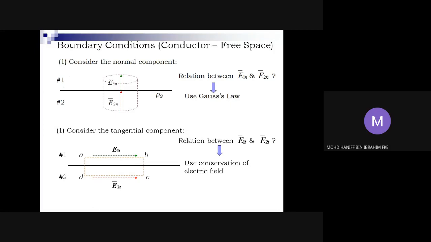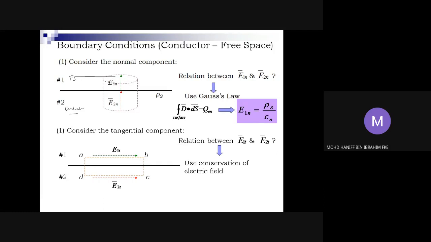Just to recall, this is a free space environment. This is your conductor medium, conductor material, and rho s is the surface charge density on the surface of your conductor. We need to find the relationship between E1n and E2n. For this particular case, we can use Gauss's Law to find the relationship between E1n and E2n.